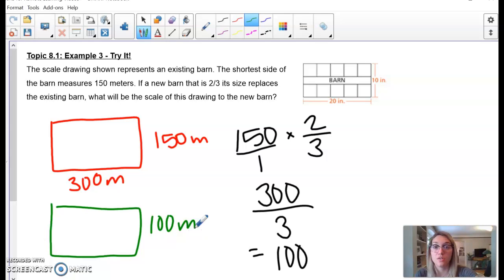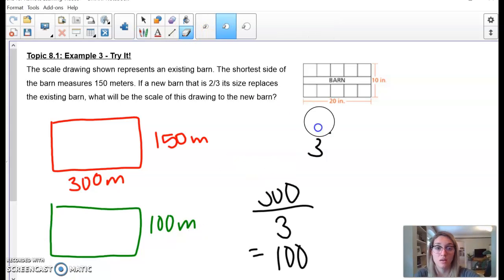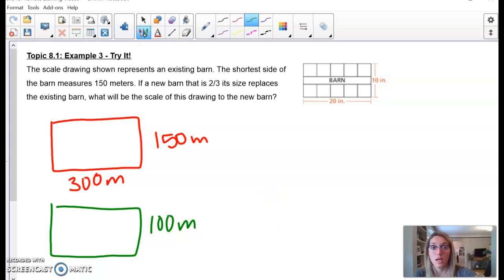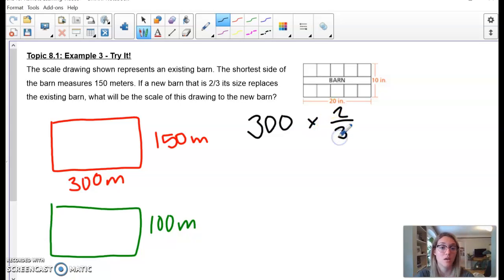All right, and now I need to do the same thing to the length in order to figure out what my length is. So I'm going to take 300 and I'm going to multiply it by 2/3. Now if I'm multiplying fractions, I make both of them fractions.